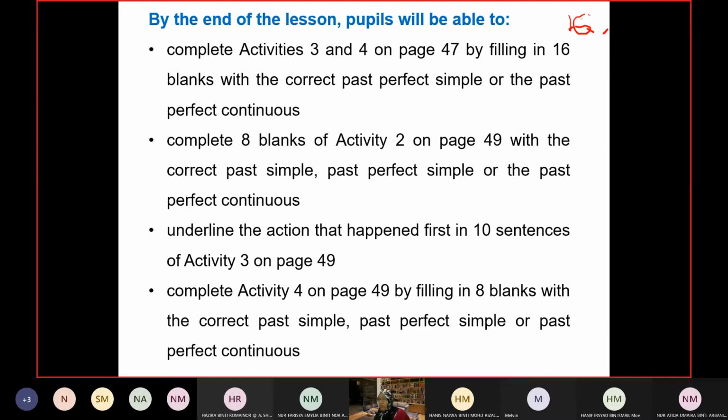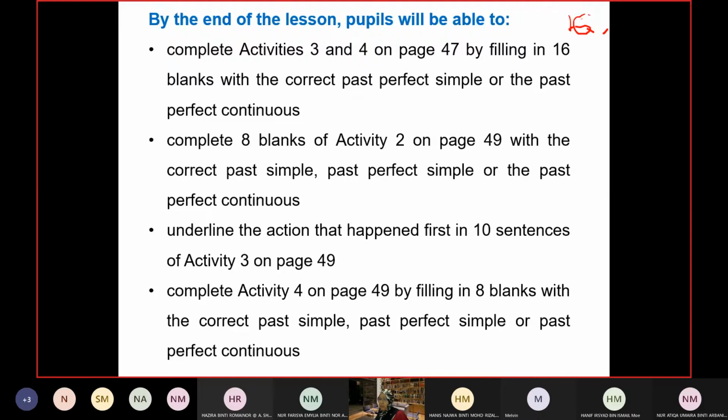The first one, we use the past perfect simple for an action or situation that finished before a particular time in the past. Maksudnya, perbuatan ataupun situasi yang telah habis, yang telah tamat sebelum sesuatu waktu yang dinyatakan pada masa lepas.